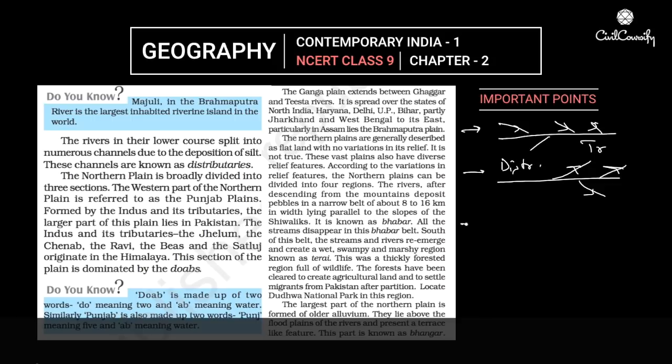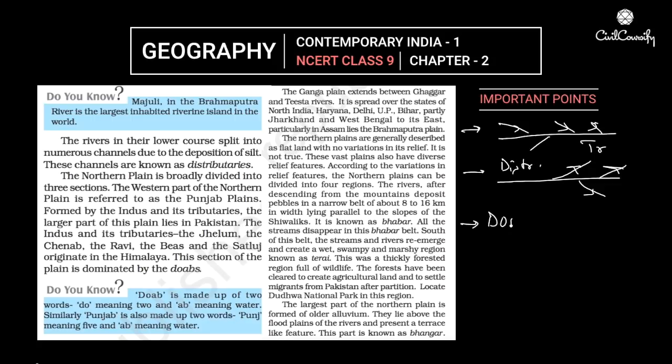Next is the concept of doab. This word is split into two parts. Do means two in Hindi and ab is river, so river or its catchment area. Similarly, Punjab means the land of five rivers, the five rivers of the Indus River system.